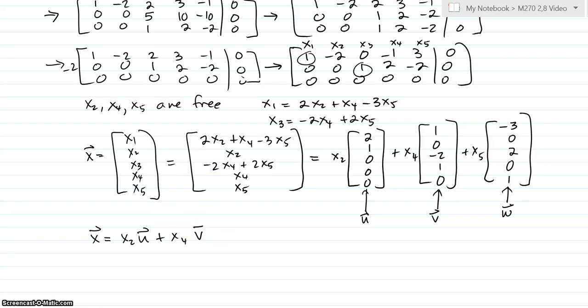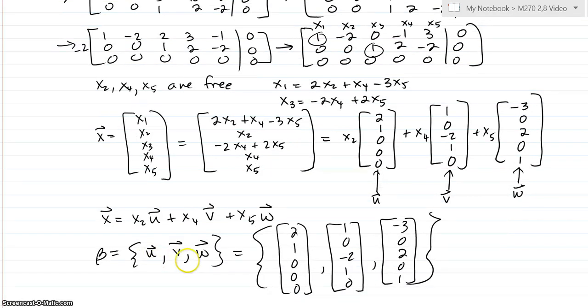Whoops, that's not a vector. So this shows that the null space of A coincides with the set of all linear combinations of u, v, and w. That is, u, v, and w generate the null space of A. So this is your basis. Your basis would be u, v, and w.